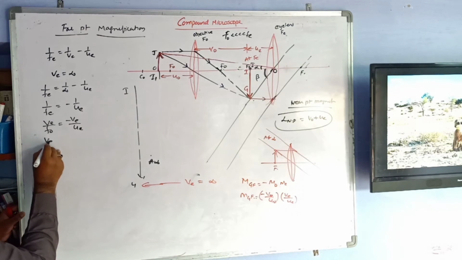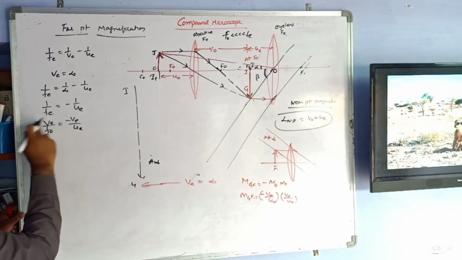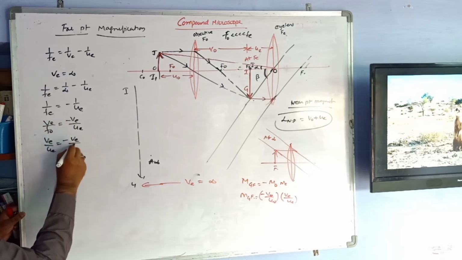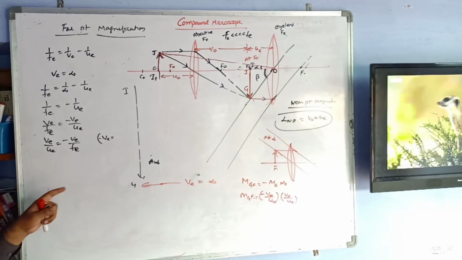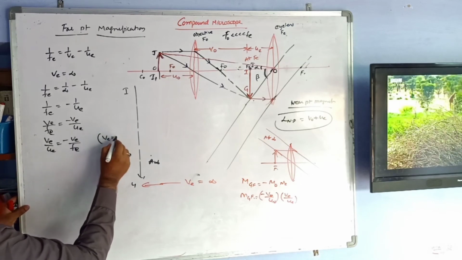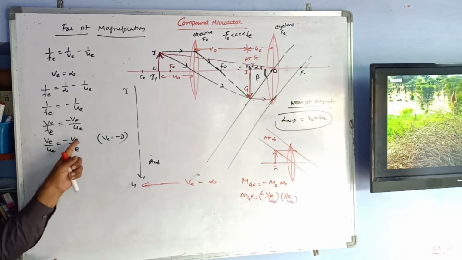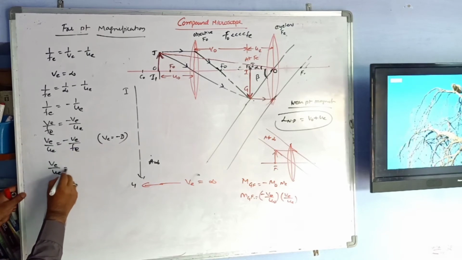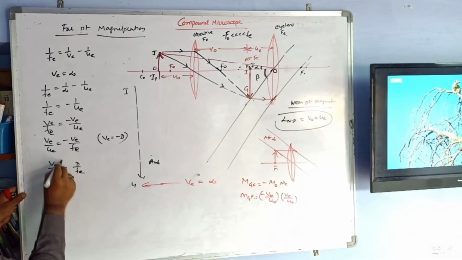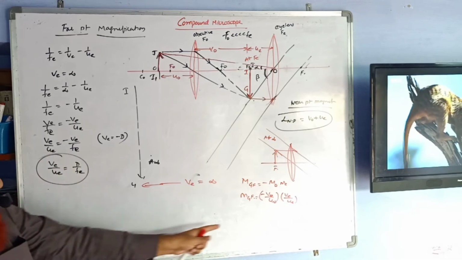So you take VE by UE to the left side, send this minus to right side. So minus VE by Fe here. Previously VE was taken as minus D here. So I am replacing VE with minus D. Therefore, we are getting VE by UE is equal to D by FE. So we can replace here also.